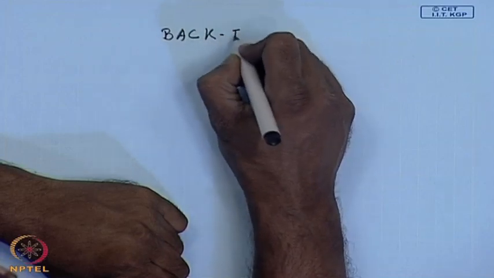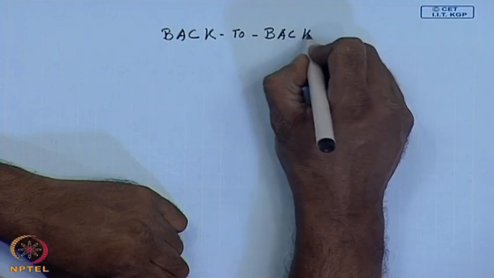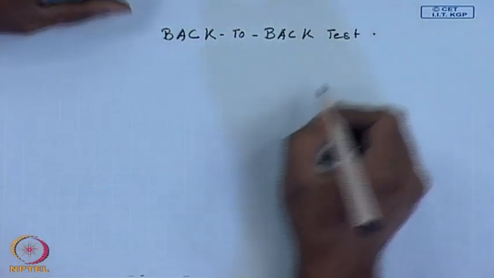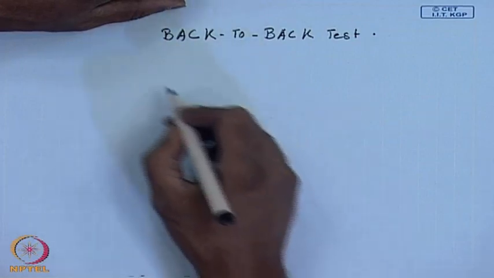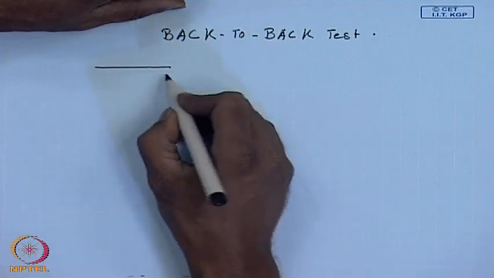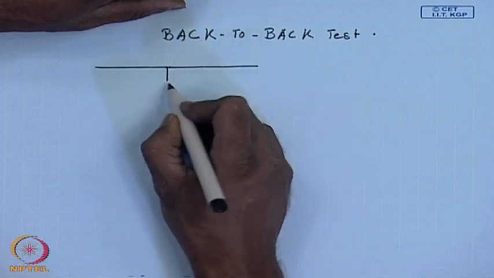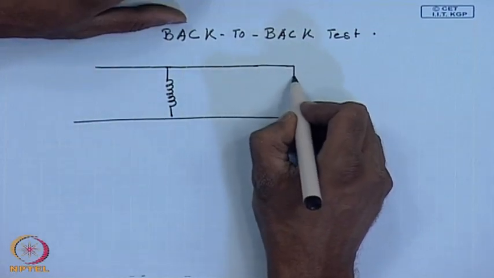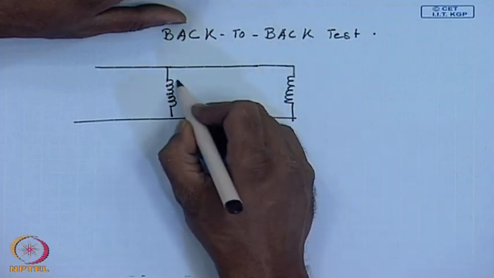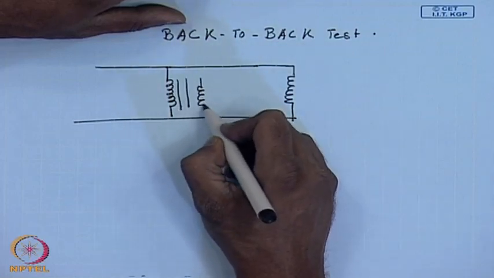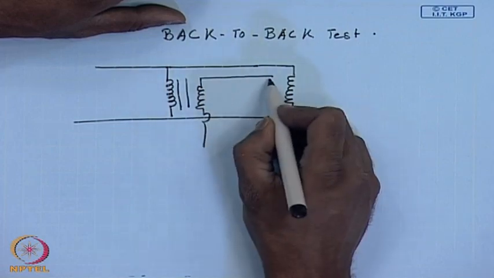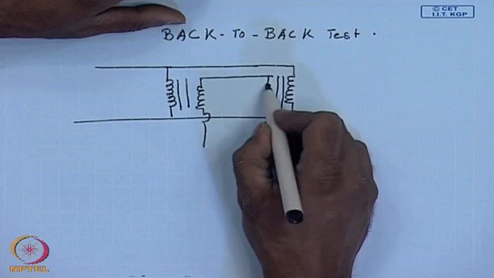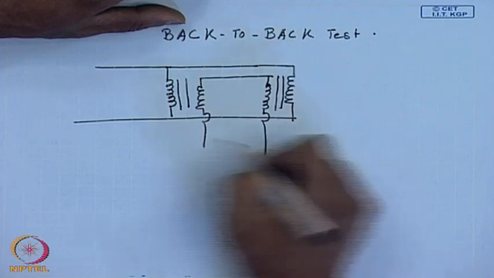So, in a single phase transformer, what did we do for back to back test? We supplied the primaries of the transformer from the same supply, connected them in parallel and connected the secondaries in series, so that the induced voltage in the secondaries oppose each other.